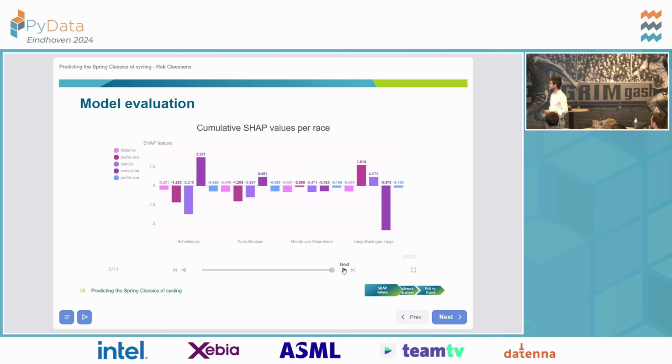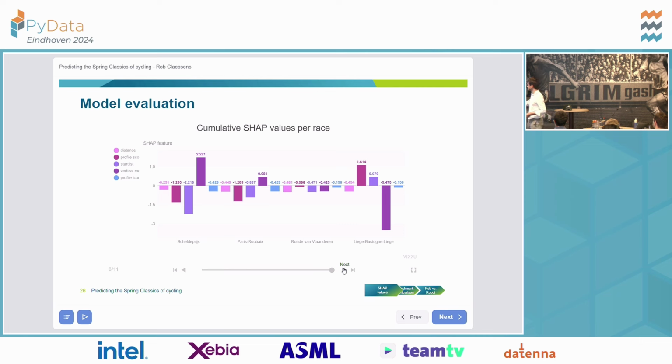And here it's good to see that when there is a positive SHAP value, this means a positive influence on the rank, so the rank goes up from 10 to 20 or to 40. So it's actually negative for the rider. If there is a positive SHAP value, that means a negative impact on the rider's results.